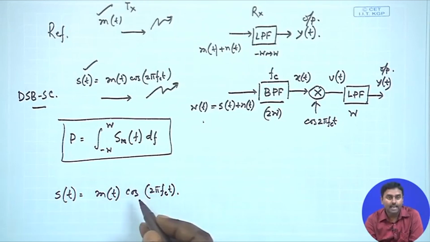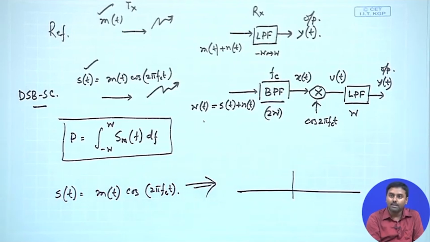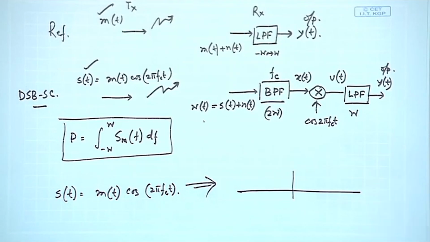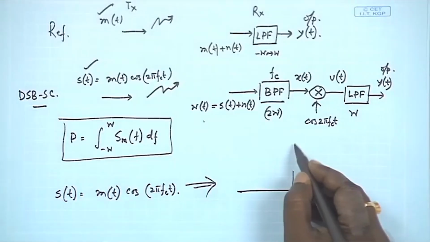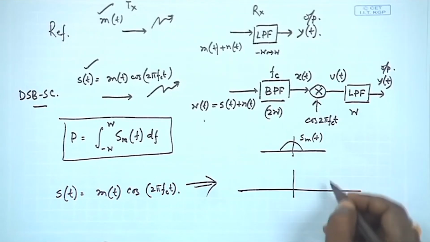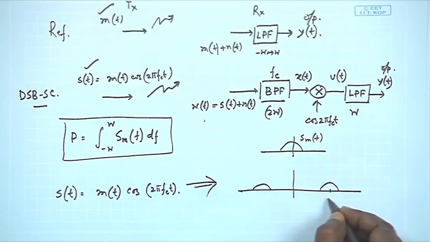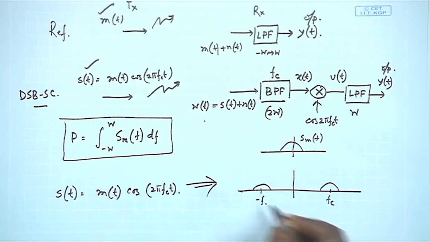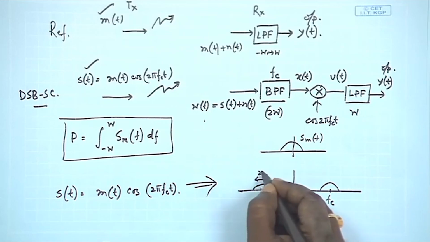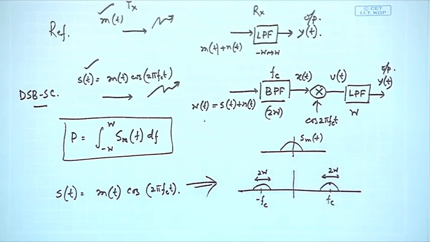If this was SMF, after modulation we already know from the power spectral density and Fourier transform property that it will be going towards plus Fc and minus Fc with the same band of 2W, and the strength will be just half, right.